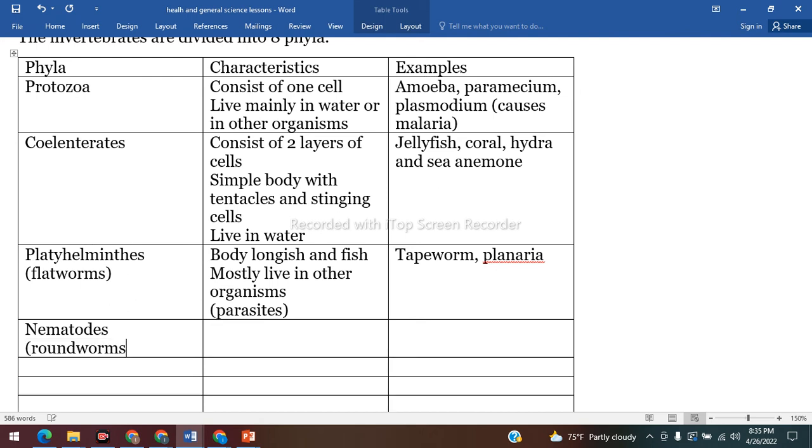Then we have the ascaris, the hookworm, and the rootworm. Their body is long and rounded, and some are parasites.